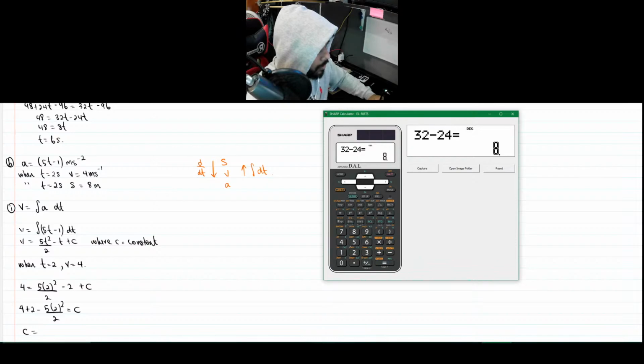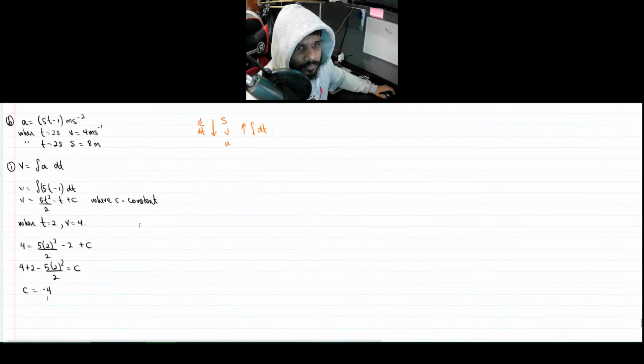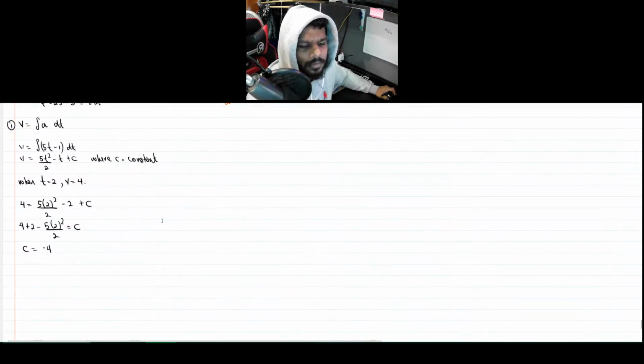You don't have to follow my exact methodology. 6 take away 5 into 2, because the 2 cancels below, so c is minus 4.